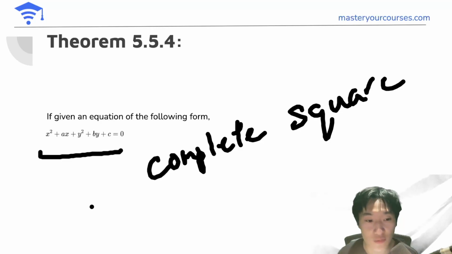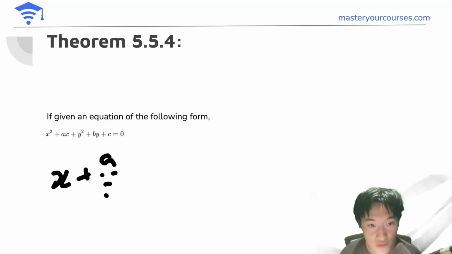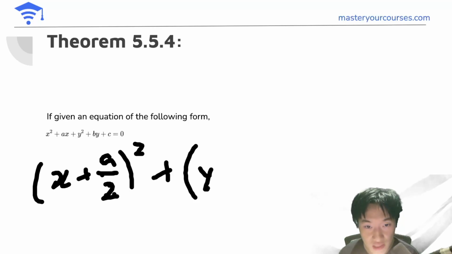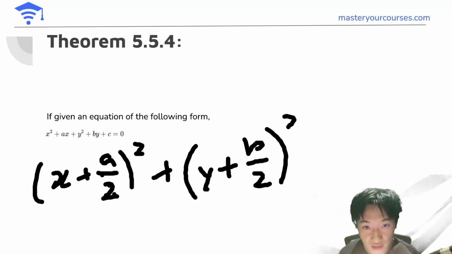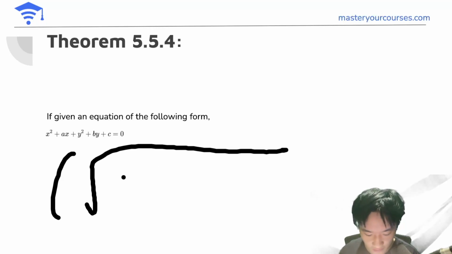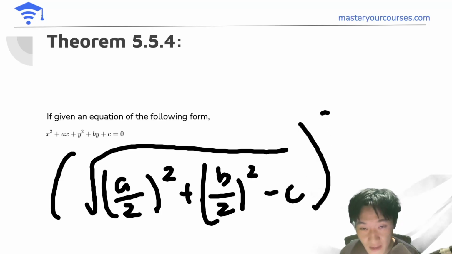This is going to look a little bit messy, but we have (x plus a over 2) squared plus (y plus b over 2) squared equal to the square root of ((a over 2) squared plus (b over 2) squared minus c) all to the power of 2. This is just the generalized version, and you don't need to know this.